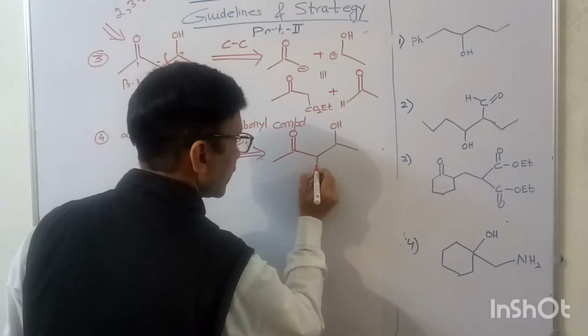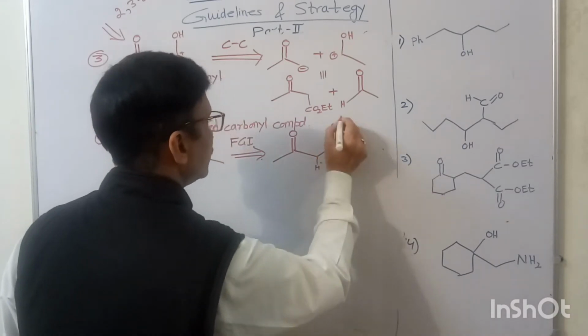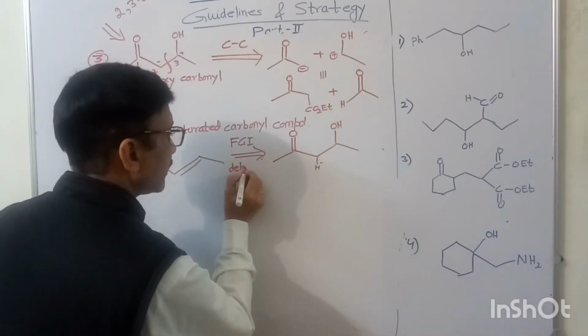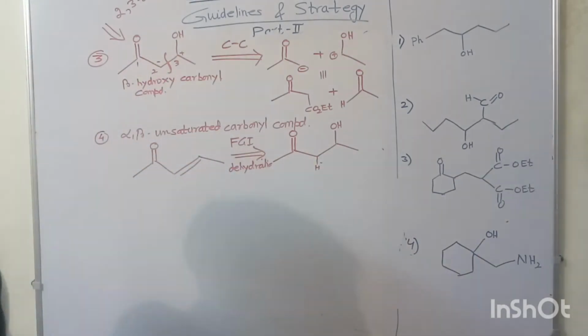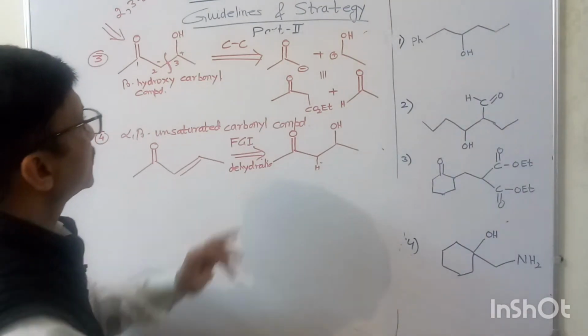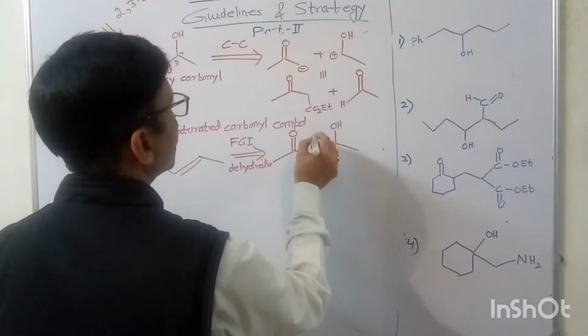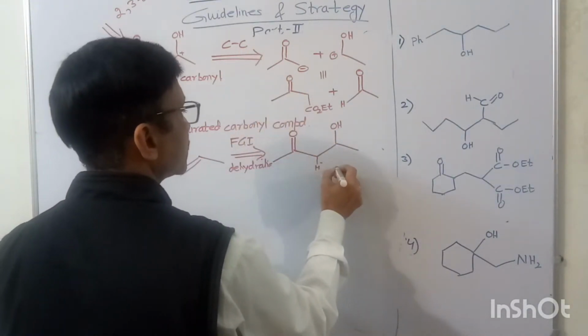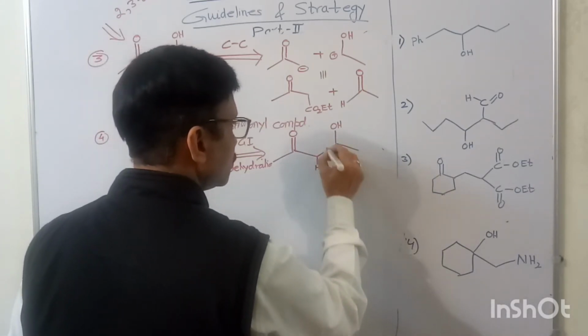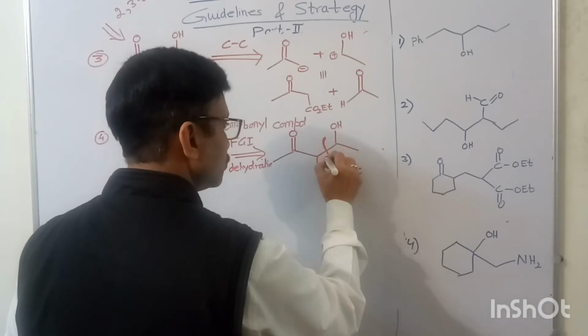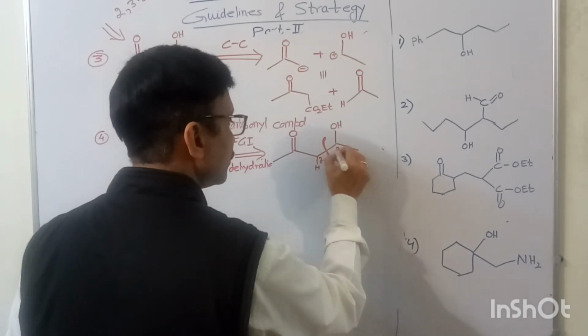Suppose if we have H over here, then it can easily be removed by dehydration in presence of H2SO4, which gives this. Further disconnection can be followed as above: the carbon-carbon 2,3 disconnection, this is 2, this is 3.